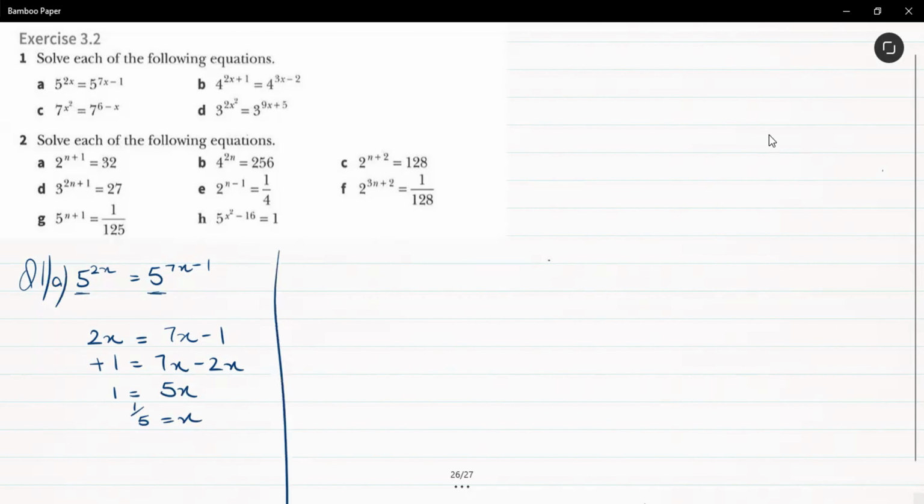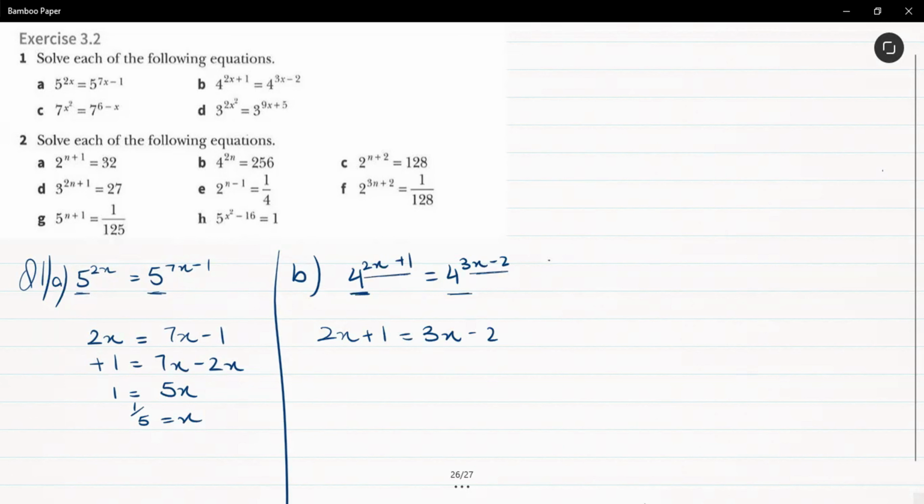Quite simple. For part B, we have 4 to the power 2x plus 1 is equal to 4 to the power 3x minus 2. Again, the index values are the same, so this is a straightforward question. 2x plus 1 should be equal to 3x minus 2. Basically, we ignore the indexes for now and only compare the values of the powers.